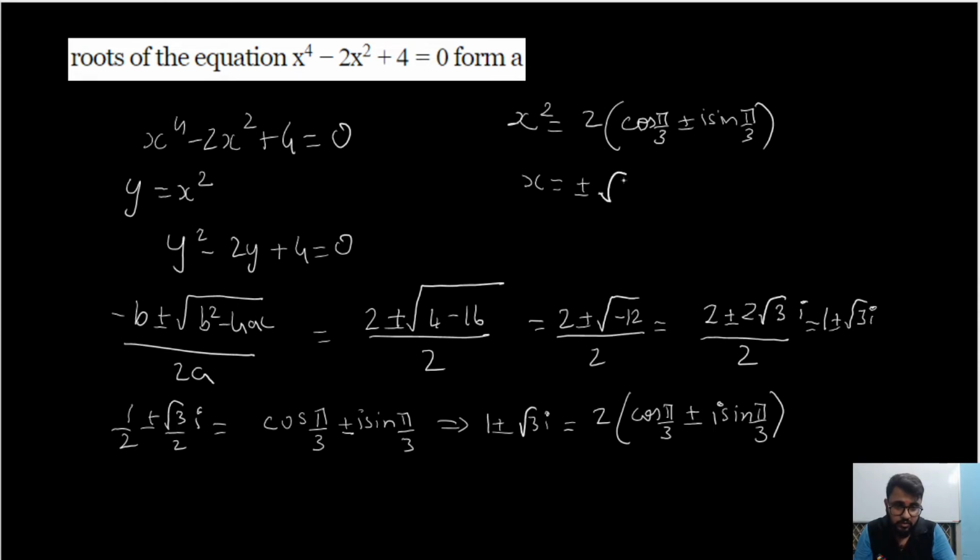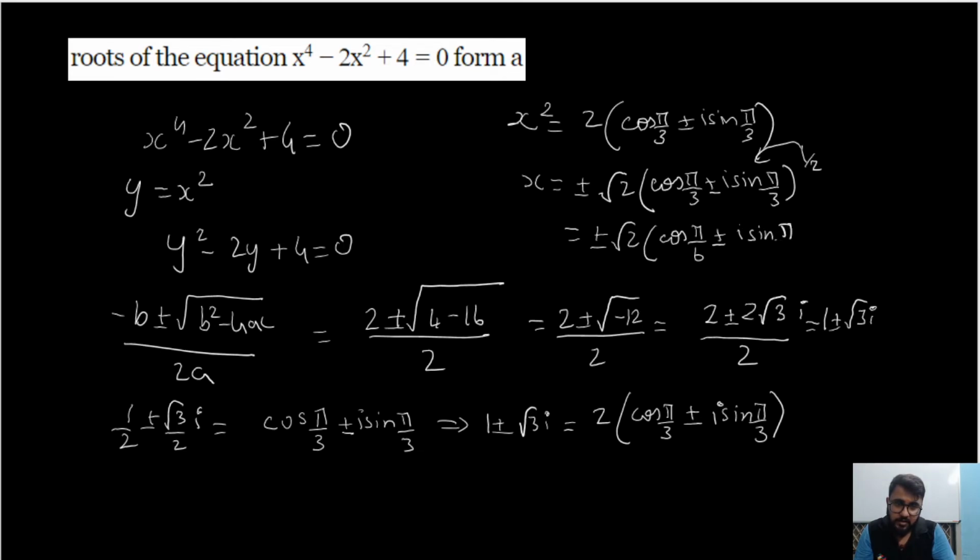The root of 2 is just root 2, and the root of this becomes cos pi by 3 plus i sine pi by 3 to the power 1 by 2, and by De Moivre's theorem you can take the power inside the angle, so you will get plus or minus root 2 times cos pi by 6 plus or minus i sine pi by 6.